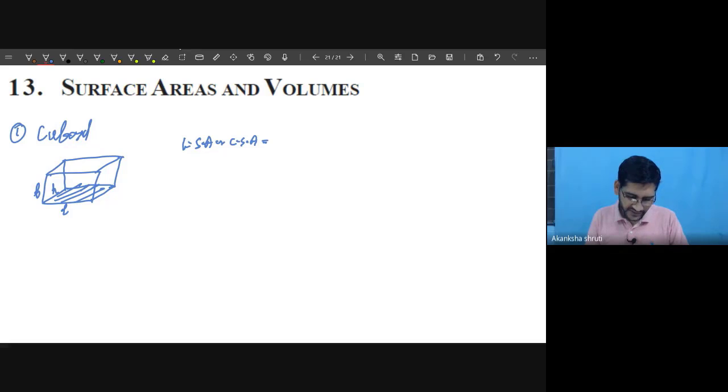The other one will be this much area, and the other will be this much area.